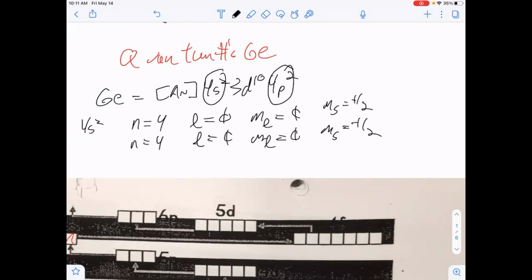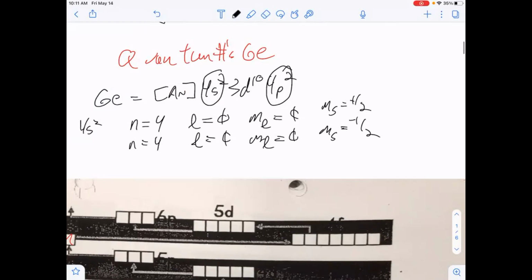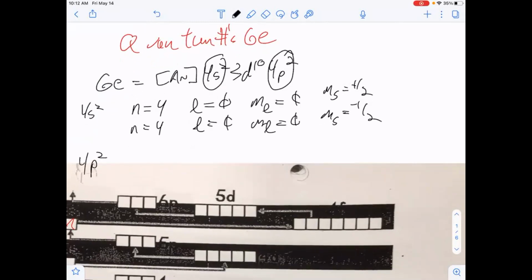So that would be for the 4s2s. And then the 4p2s would be... p's are always ones. S's are always zeros.